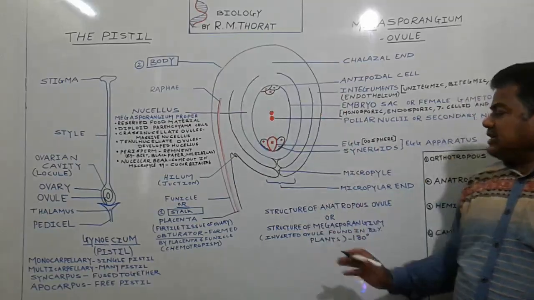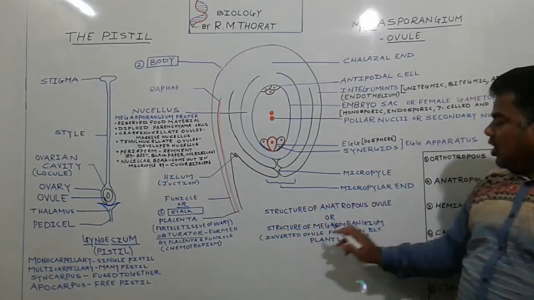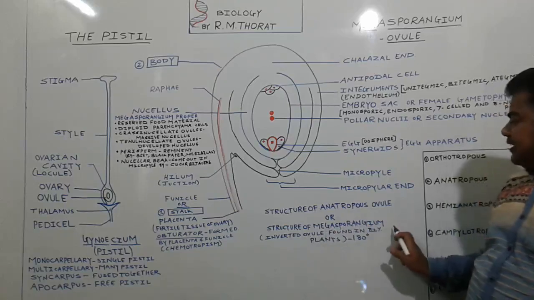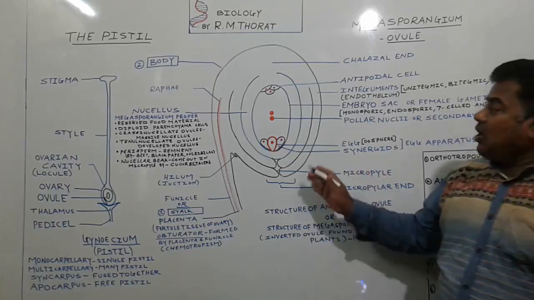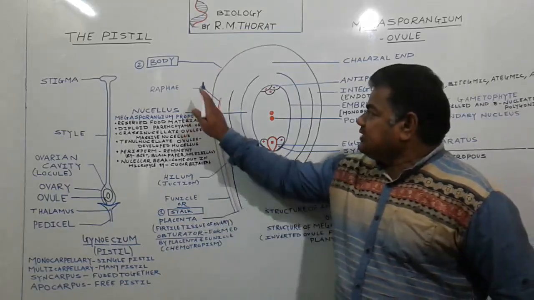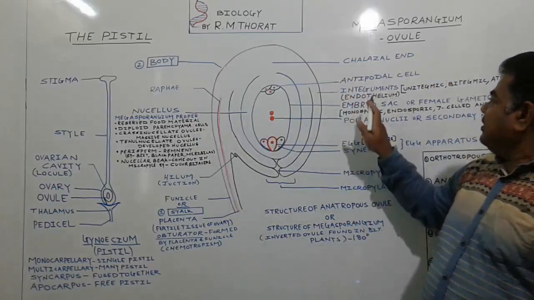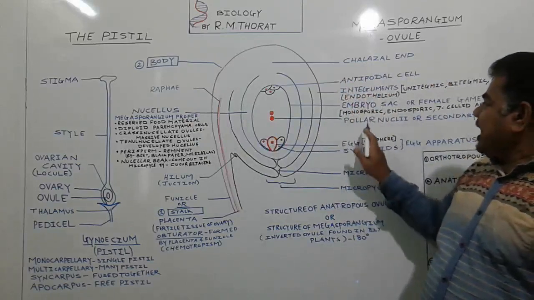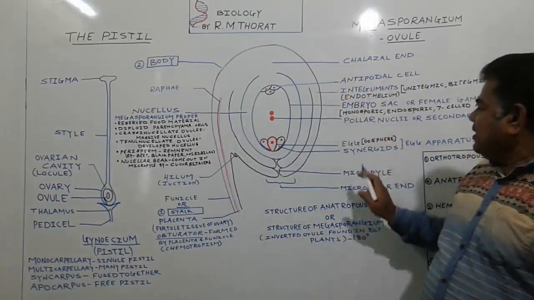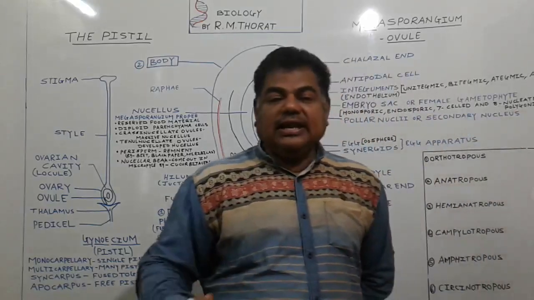This complete structure is the structure of an anatropous ovule, inverted ovule, or structure of the megasporangium. The details of all these structures, that is the funicle, hilum, nucellus, raphe, chalazal end, antipodal cells, integuments, embryo sac, polar nuclei, egg, and the micropyle, we will see in the next video.